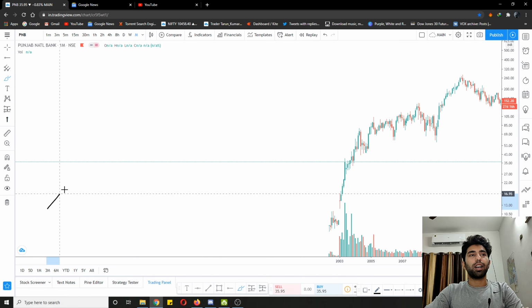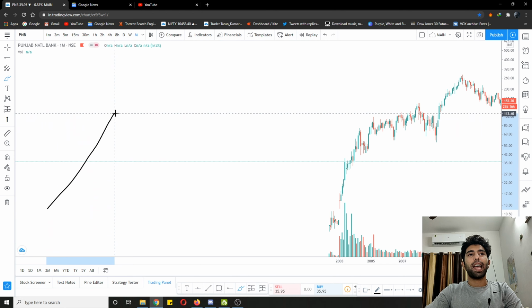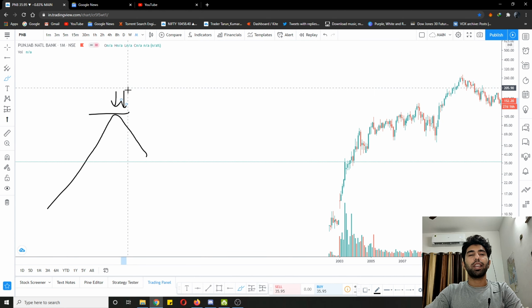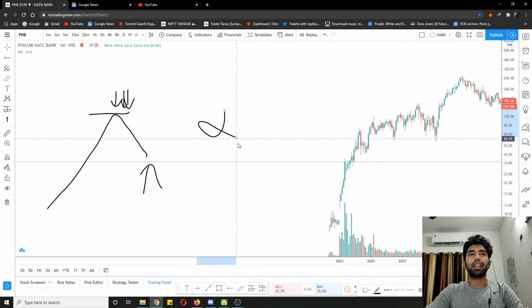Let's say a stock is going up and it is then coming down, and you know that this is an uptrend. But now some people think that I'll sell at this level and then I'll buy back at this level. But generally in the bullish market, the market will not let you do this, and it will shake you out, and something wrong might happen.